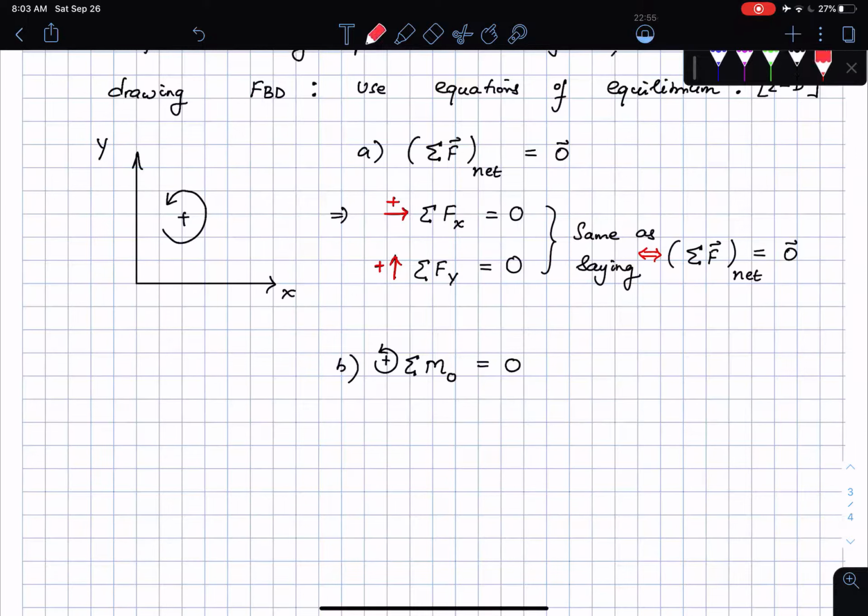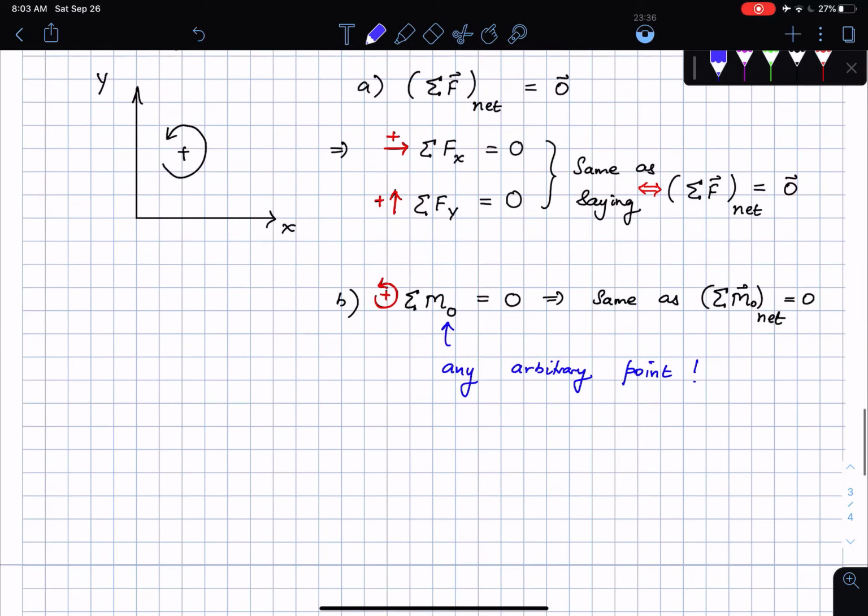This is the same as saying the net moment is equal to 0 at any point O. O is an arbitrary point here.